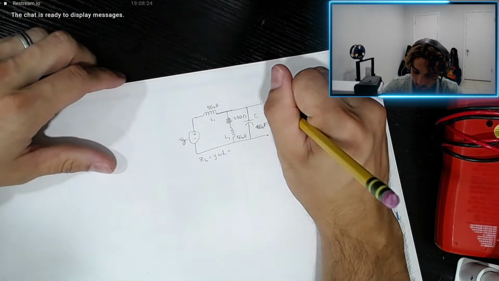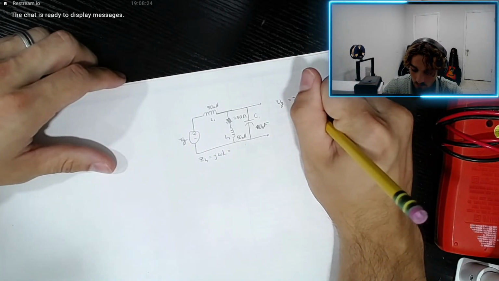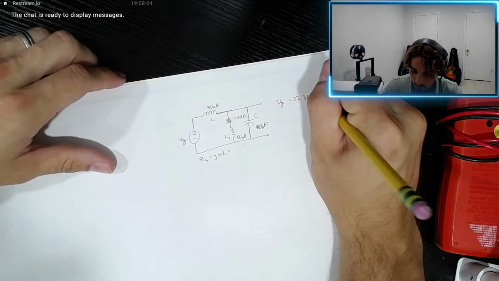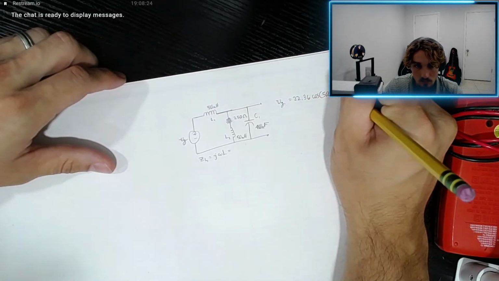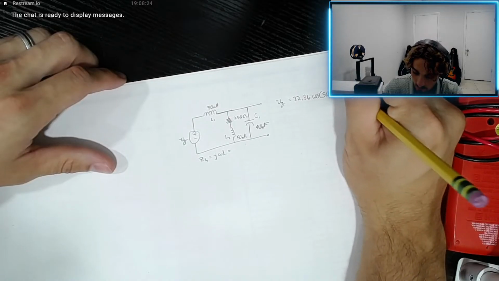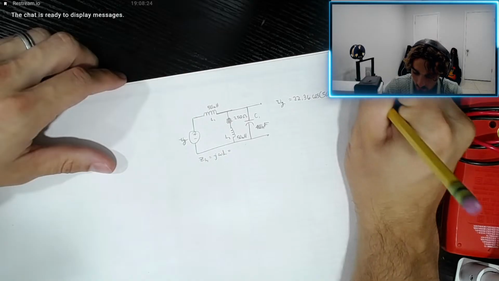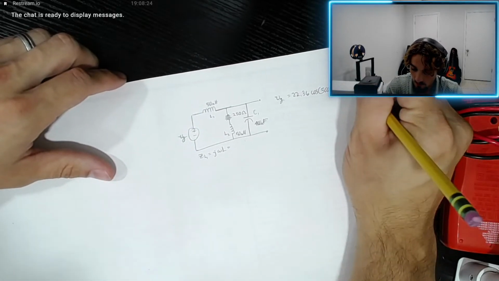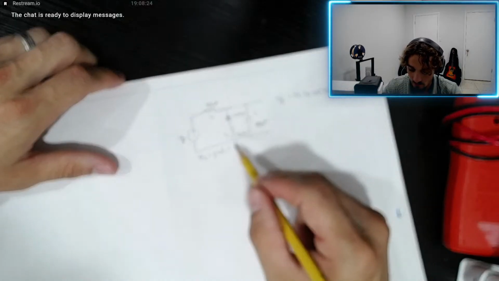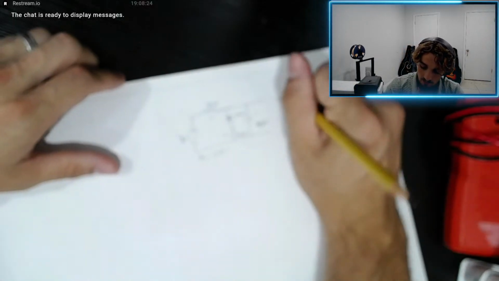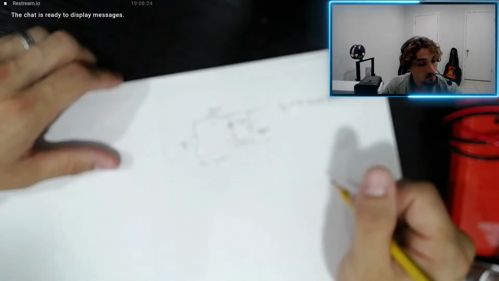Okay, so VG equals volts, degrees. That's our phase. This is our angular frequency. I don't like that equal sign. Let's fix that. That's better.